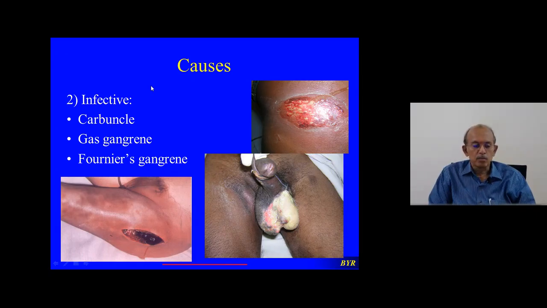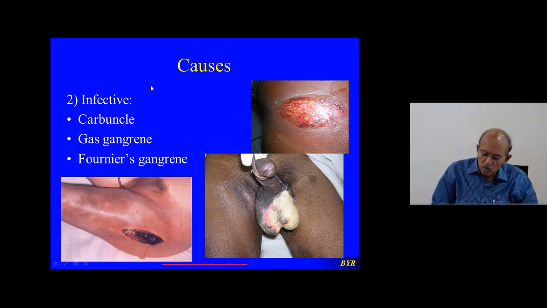It occurs in the scrotum. It is idiopathic gangrene of the scrotal skin.